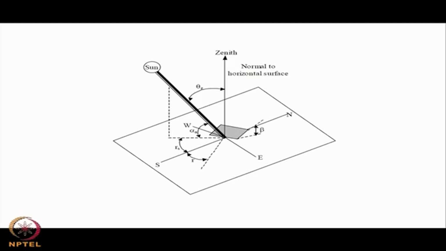Azimuthal angle also towards east is negative, towards west is positive. So, if you go towards north via south, okay, you can have a gamma of plus 180, and if you come the other direction, it will be minus 180. So, your angles and equations, when it is due south, whether you put gamma plus 180 or minus 180, you should get the same answer.